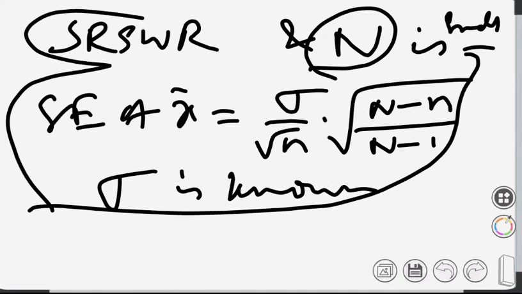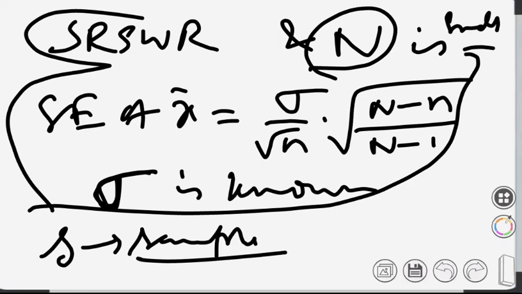This is true when sigma is known. For this formula to be used, the population standard deviation has to be known. Otherwise, this cannot be done. If the population standard deviation is not known, then we can use small s, the sample standard deviation, instead of sigma.